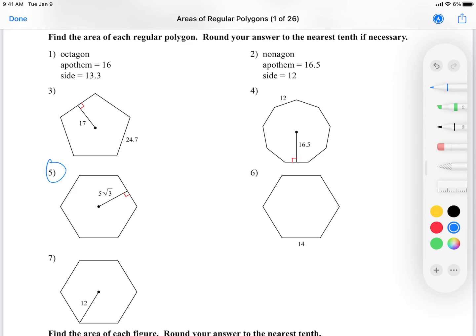So what that means is for our little hexagon over here, this whole side, this whole side, this whole side, this whole side, this whole side, and this whole side are all congruent. And it also means that this angle, this angle, this angle, this angle, this angle, and this angle are all congruent. That's what it means.